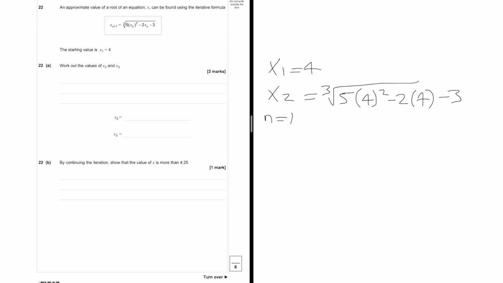And let's just get rid of this. This is therefore going to be equal to, with a quick calculation, 4.1.